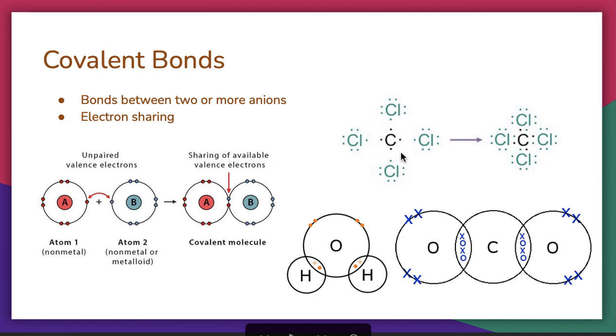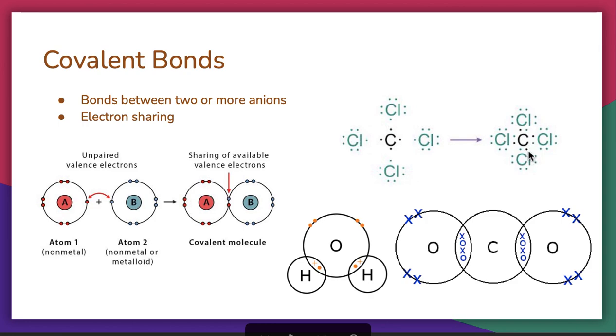So an example would be CCl4, where carbon, which has 4 valence electrons, is sharing its electrons with 4 chlorine atoms to give this carbon tetrachloride structure.